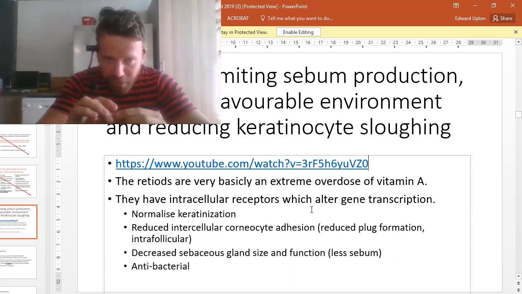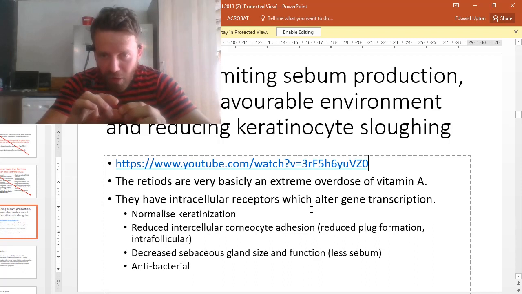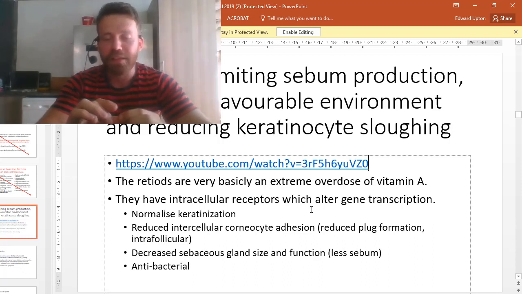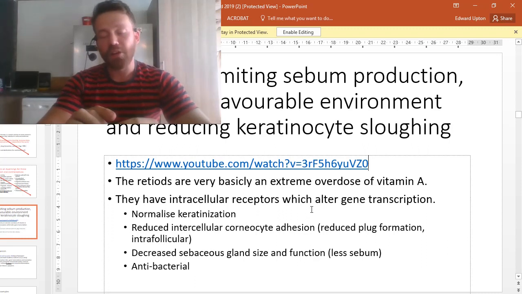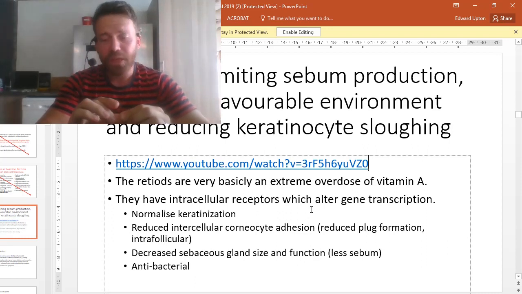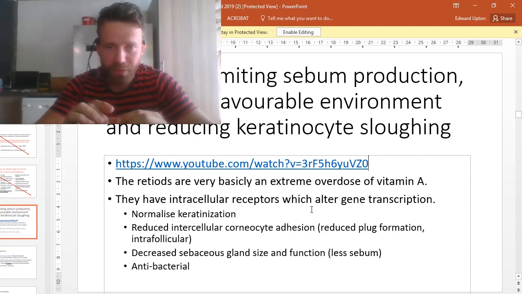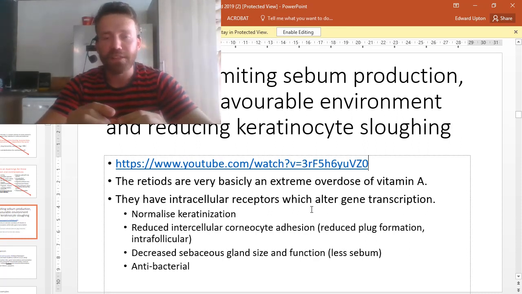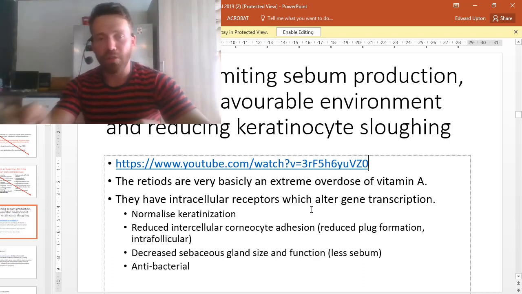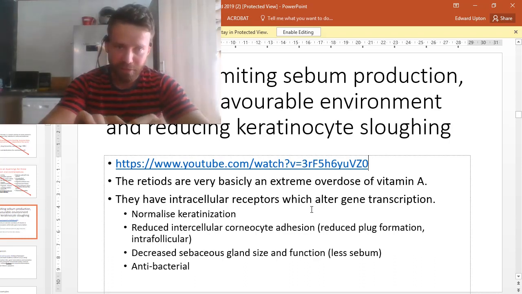When we alter the retinoic acid receptor genes, we alter how the sebaceous gland is produced and how it functions. As soon as we alter that, we are decreasing the amount of sebum produced by the sebaceous gland. So we are decreasing its size and its function by altering the genes that control those functions in those cells.